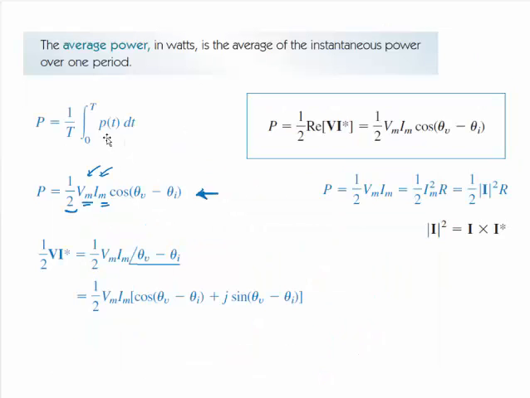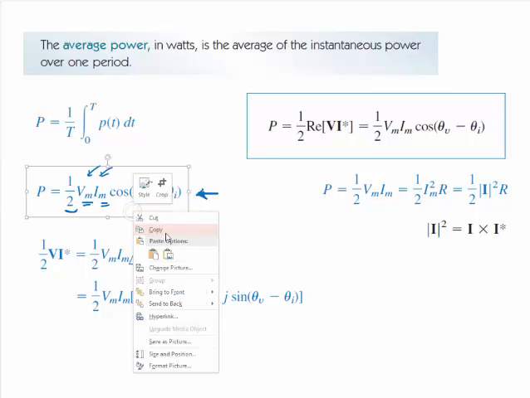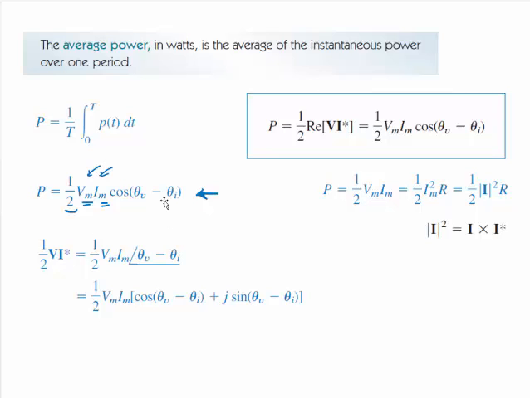So average power is the average of the instantaneous power over one period. We calculated that. This is what that is trigonometrically. And then we can go back when we're analyzing these circuits, and we've been using phasor notation, which is a complex number.